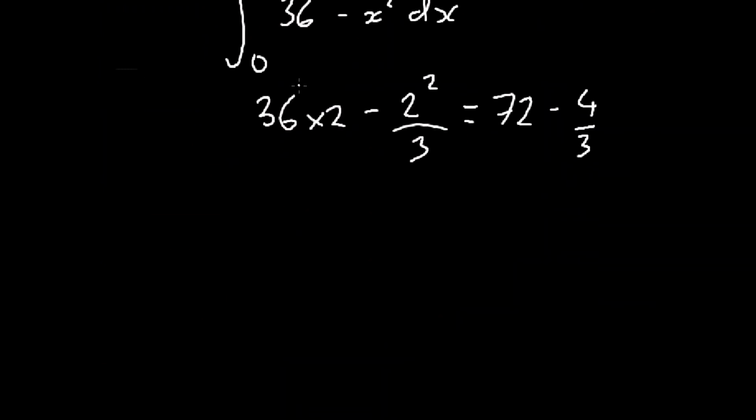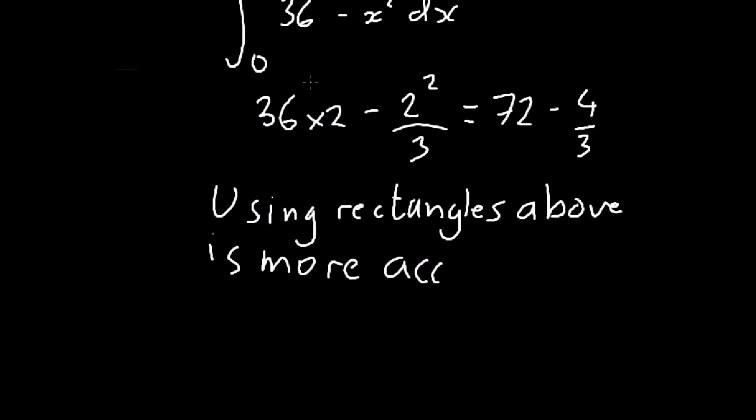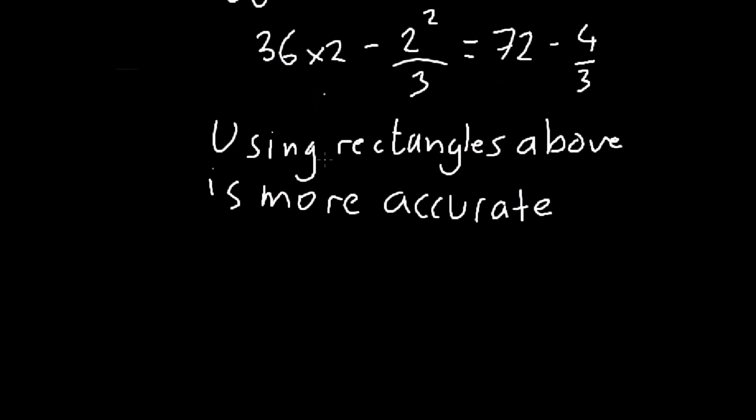Again, if you add them up, it'll be the over case, the pink one, that's the most accurate. So, for 1 mark, say that using rectangles above is more accurate. And this is because the function is concave down.